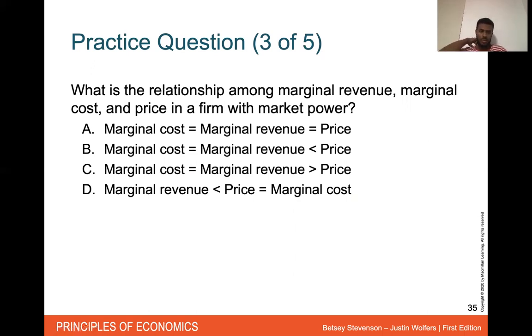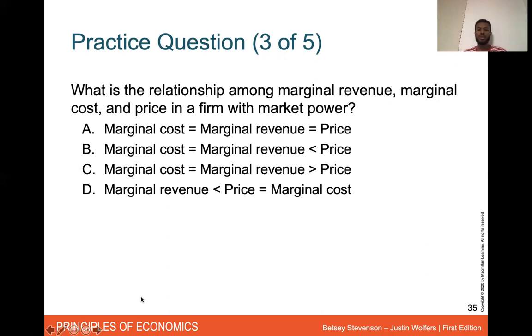I might go into this one a little because it's a little tricky, but we just saw it in the previous example. If a firm has market power, their marginal cost is going to be equal to the marginal revenue, which we already know is the rule, and that is going to be less than the price on their demand curve, because that's how they make their profit when they have market power.